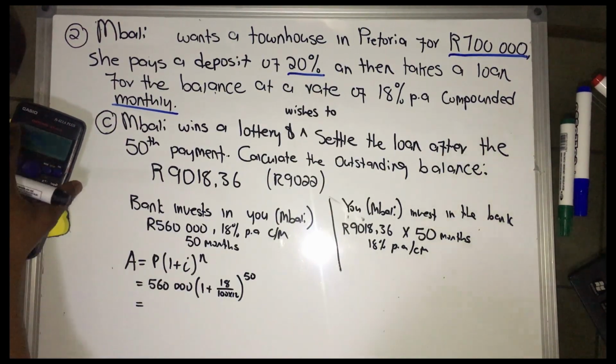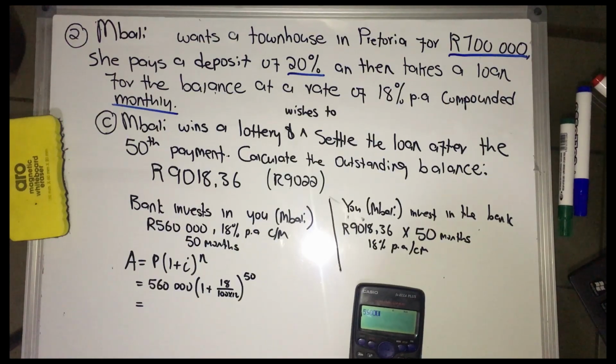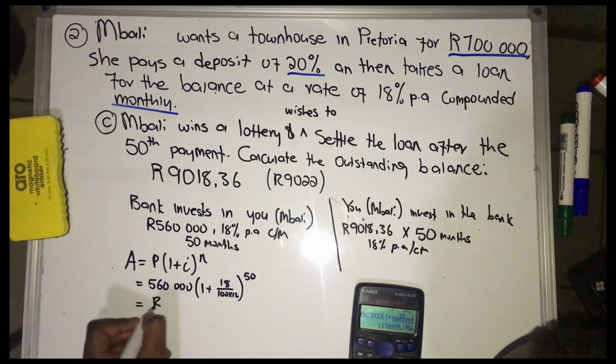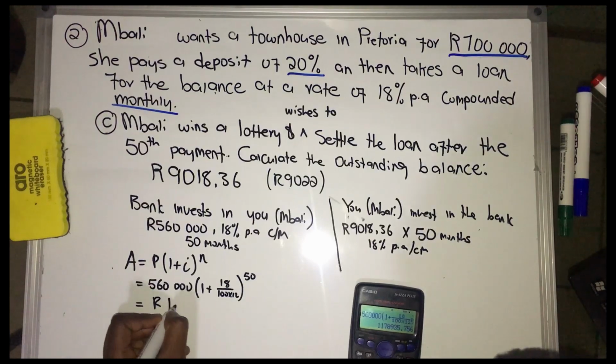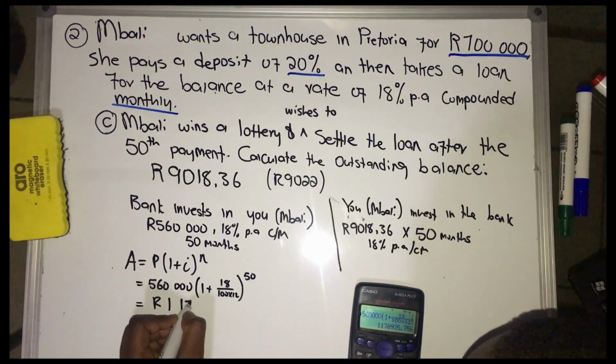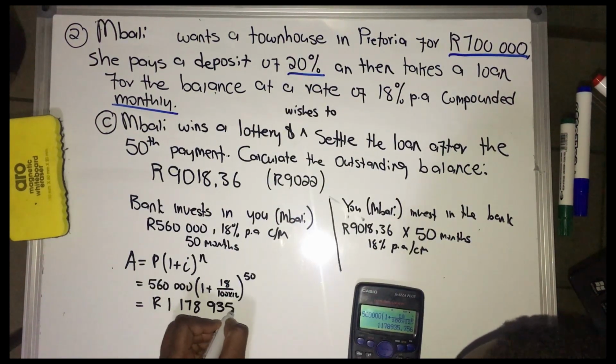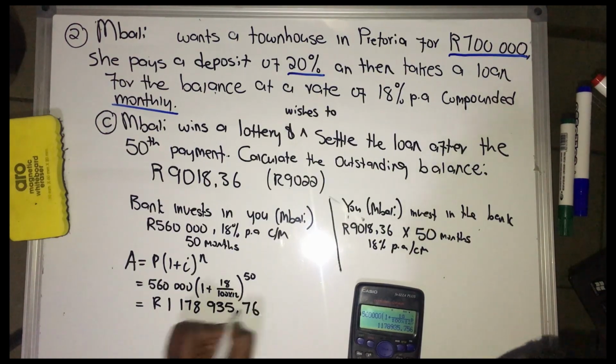So that's 560,000 times 1 plus 18 over 100 divided by 12. Okay, so we're getting a total of 1,178,935.76 rands.